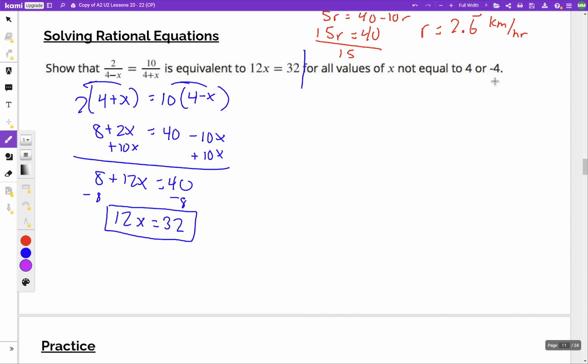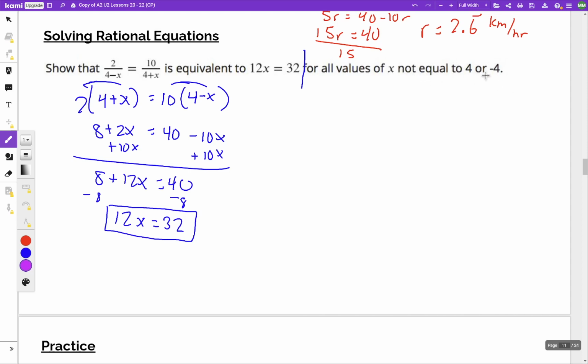The reason it says this is because look at the original expression. It says that we have a 4 minus x and a 4 plus x in the denominator. So what happens with these? These are vertical asymptotes.